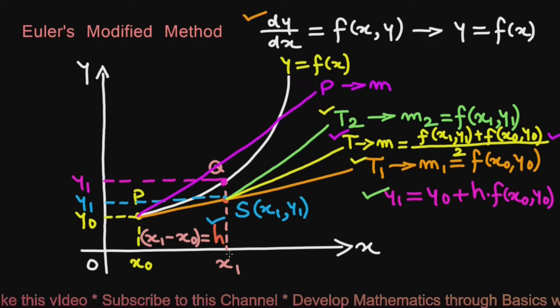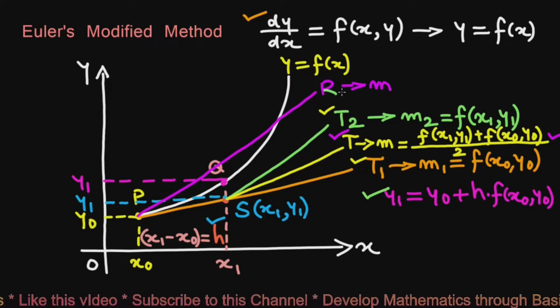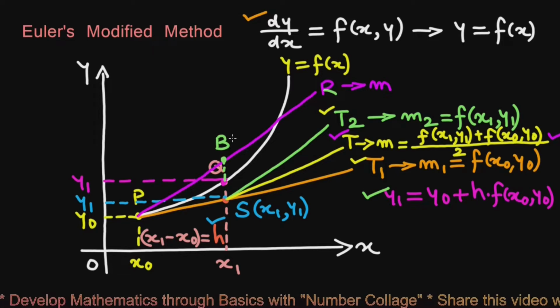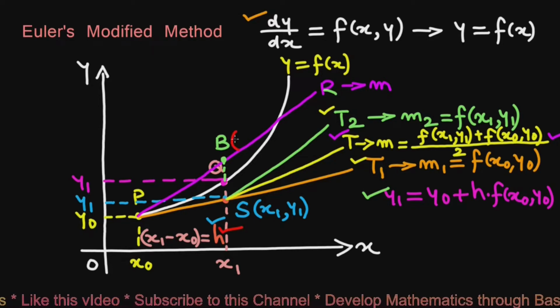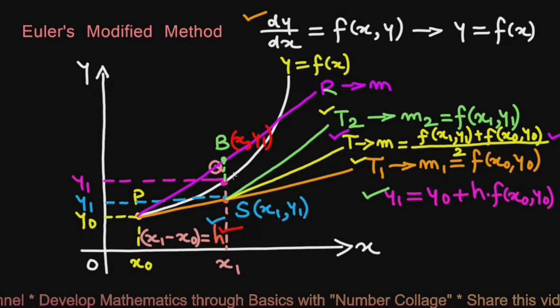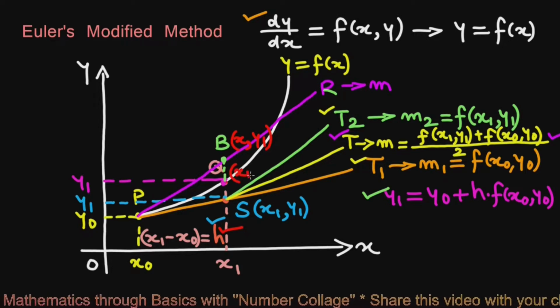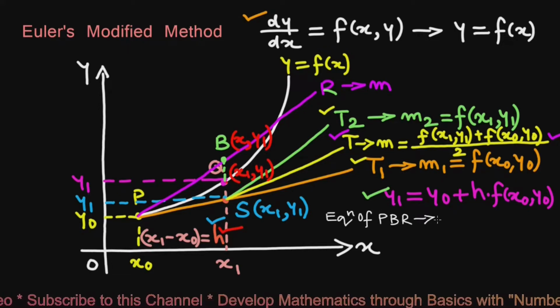We will extend vertical line x1Q to cut line PR at say point B. Since h is very small, the y coordinate of point B can be considered as the y coordinate of point Q, y1. We will write the equation of line PBR according to slope point form.